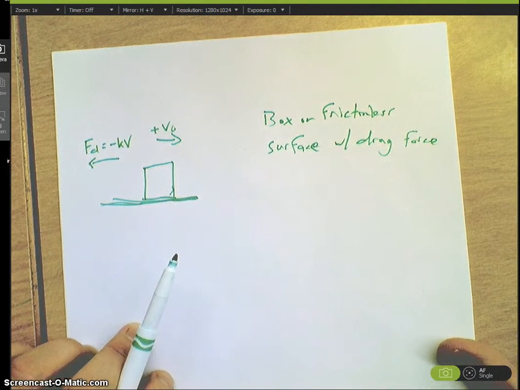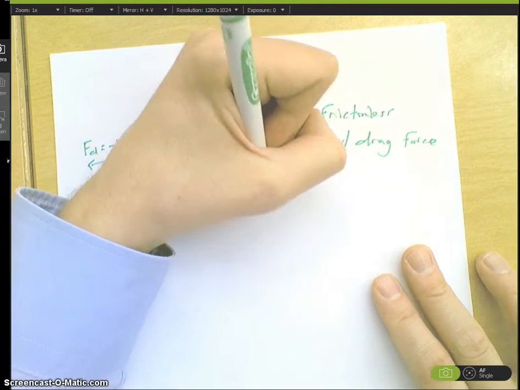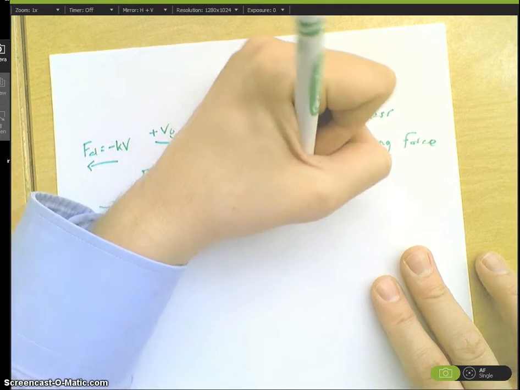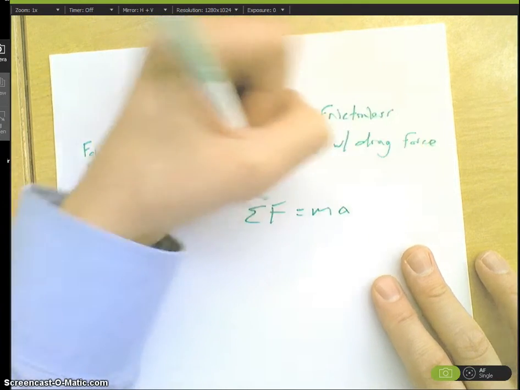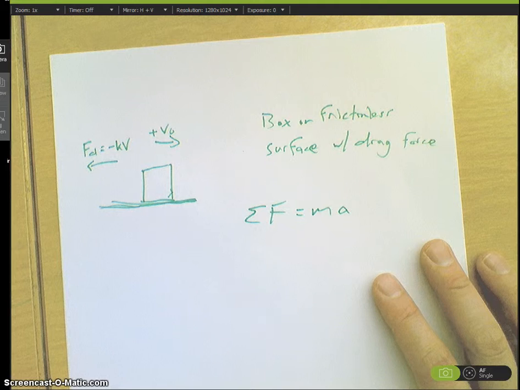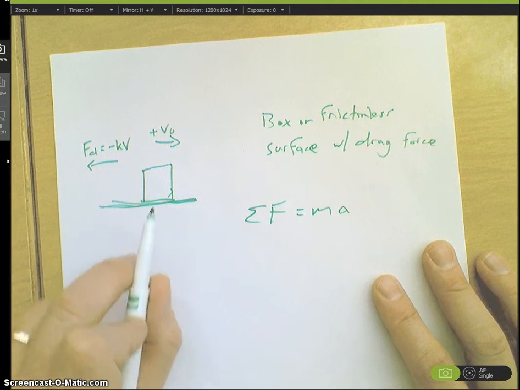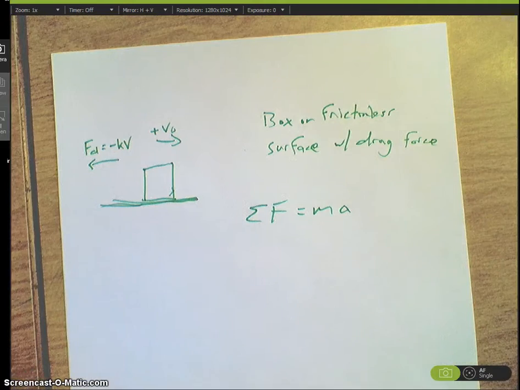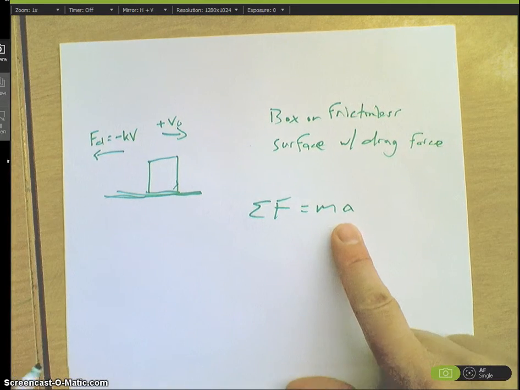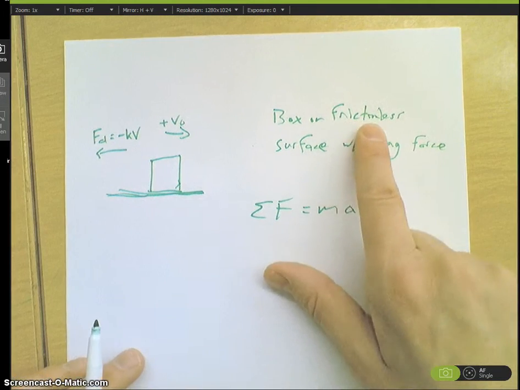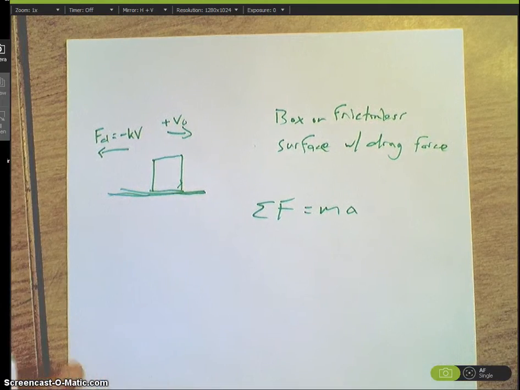Where do we start? Okay, so do we need to consider the force of gravity or the normal force? Are those going to be contributing at all to the acceleration? No, because it's frictionless. There are no forces we have to consider in the y direction. So all the forces are going to be in the x direction.